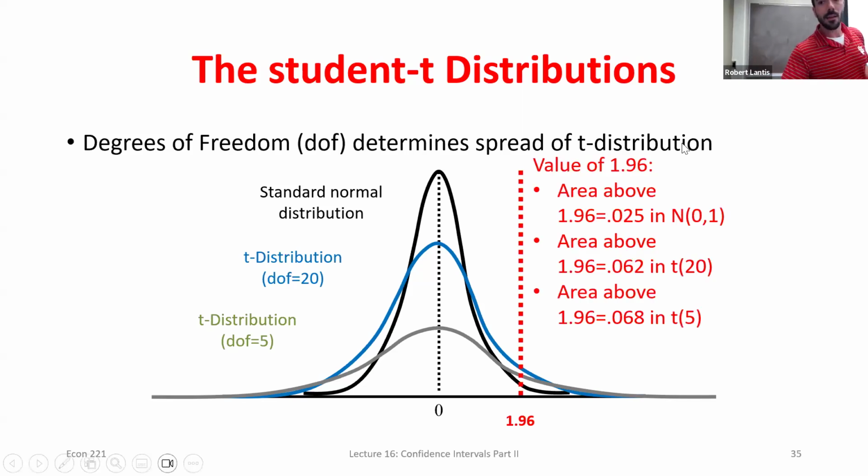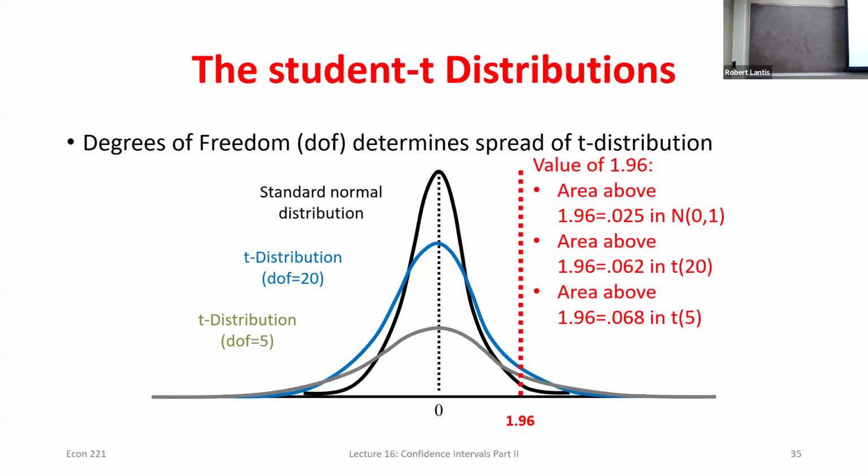So if I do that from a standard normal distribution, I get 0.025. Well, for these student t distributions, if I use that same value, am I going to get that same desired probability in my tail? Well, no, my tails are now fatter. So if I stay at 1.96, notice the area under my curve is going to be a little bit higher. And the lower the degrees of freedom, the fatter that tail, the higher that probability is going to be.